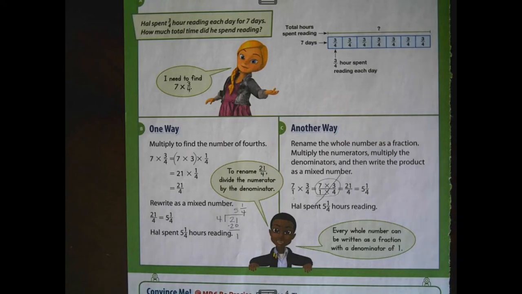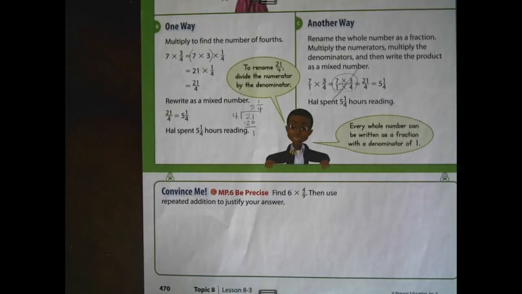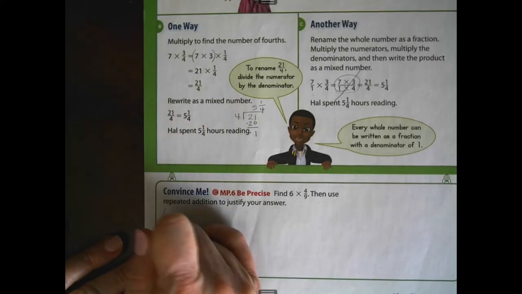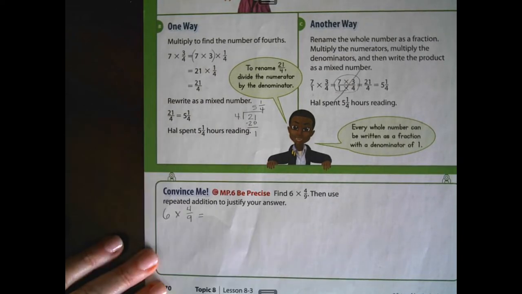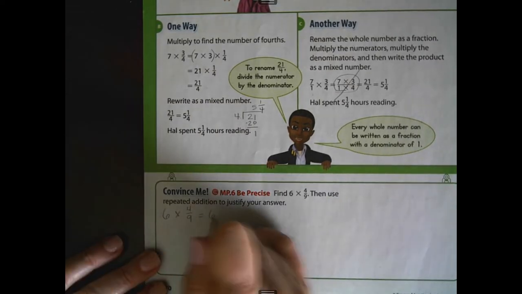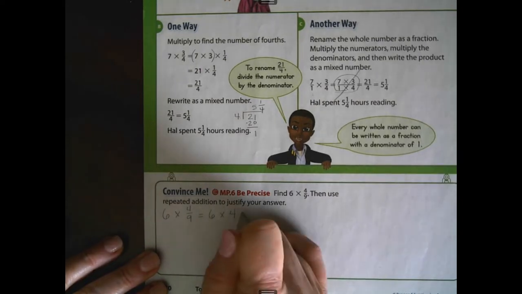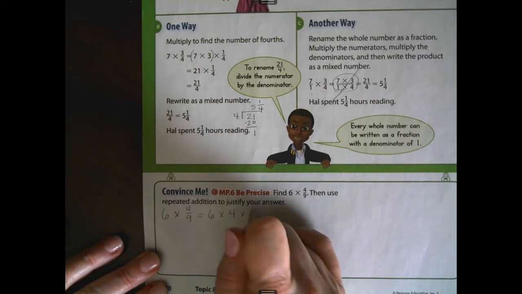All right, boys and girls, let's take a look at the convince me. We're going to find 6 times 4/9, and then we're going to use repeated addition to justify our answer. So let's start. We could look at the first method, where we take 6 times 4/9, and we know that we can rewrite that as 6 times 4 times 1/9.